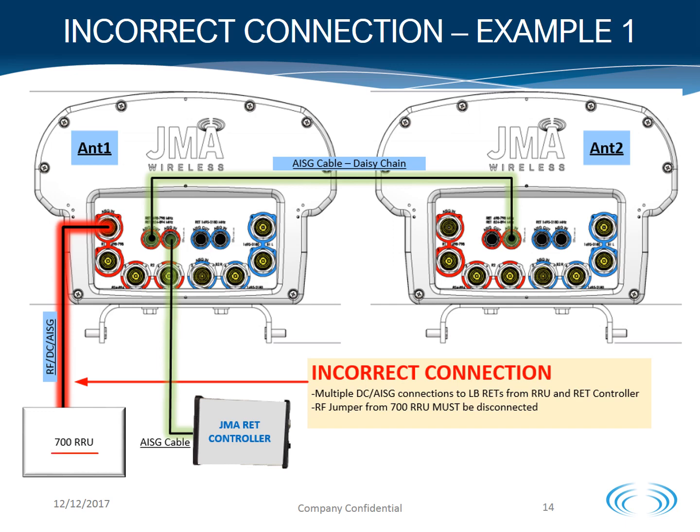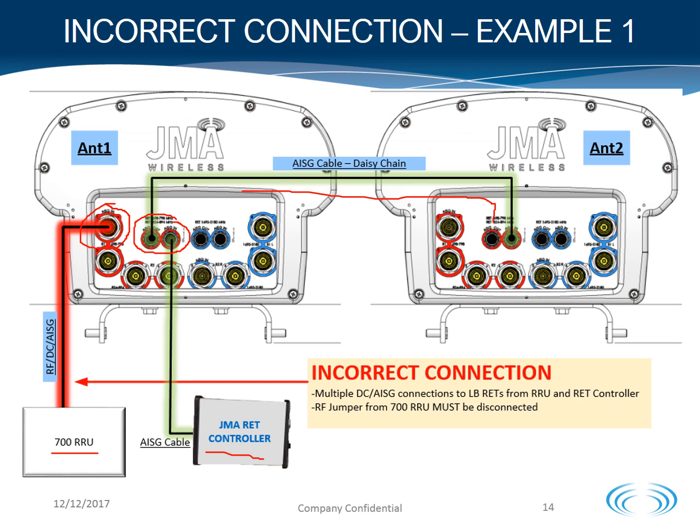The 700 RRU is already integrated with an RF jumper to antenna port 1 of antenna 1. If you're called on site to go and test the RETs, and you're going to connect your RET controller to the AISG bus on antenna 1 and then daisy chain to antenna 2, there's going to be a conflict with the 700 RRU.